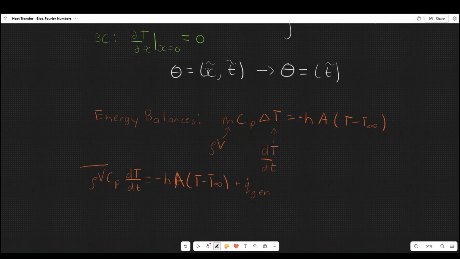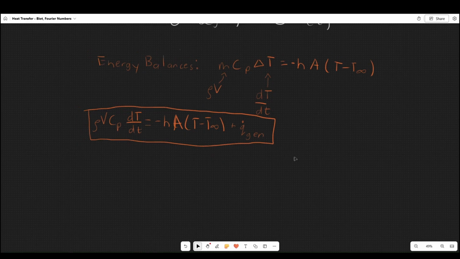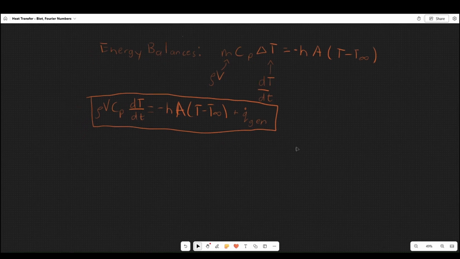So this is the equation that we're looking at now. Perfect. And so if we solve for dT/dt, the change in temperature by change in time, we get dT/dt. They are not the same T though. Minus hA divided by mCp times T minus T infinity.